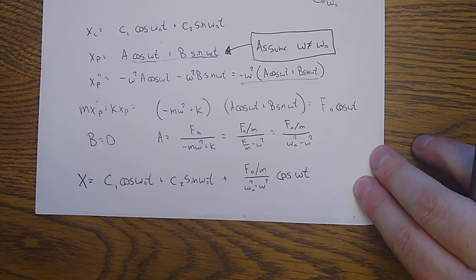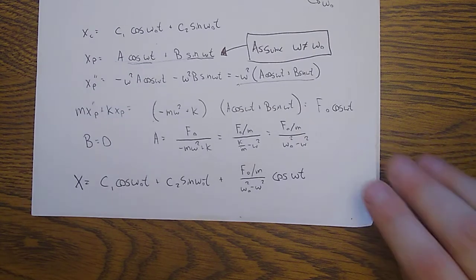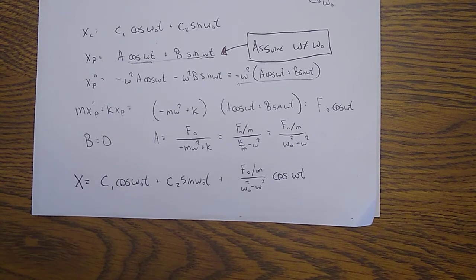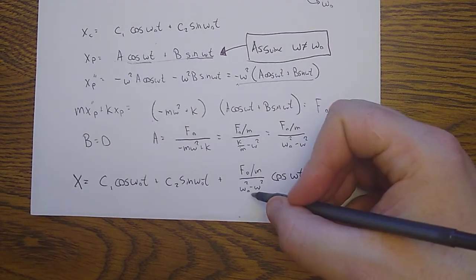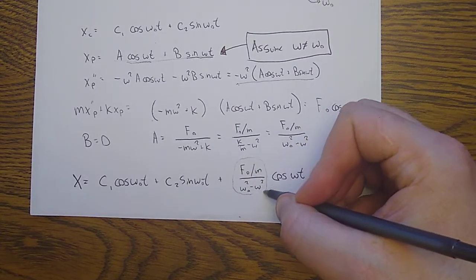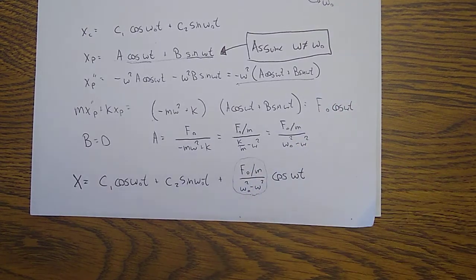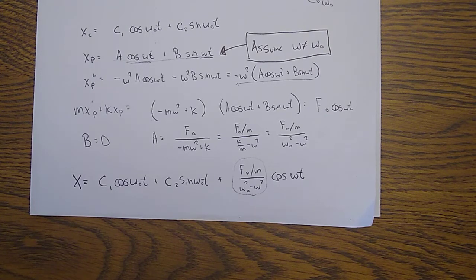So one thing to notice about this, because this section also has the word resonance in the title, and we sort of touched on resonance, maybe it was yesterday, maybe it was definitely this week, this thing has omega naught squared minus omega squared in the denominator.